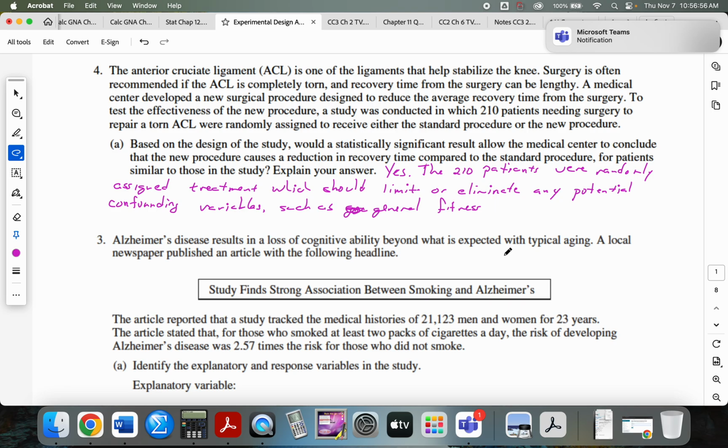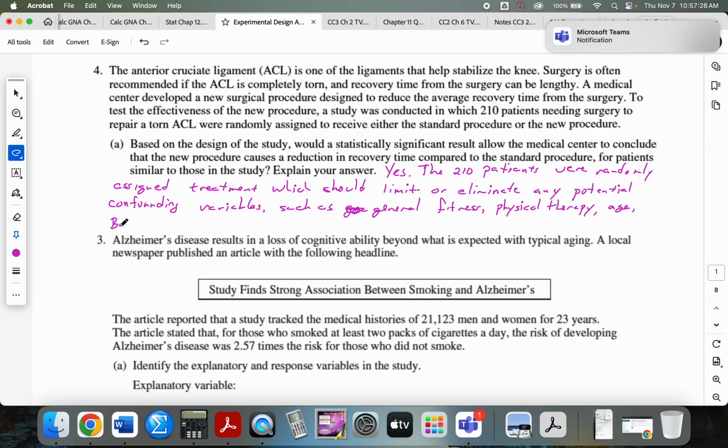Probably not. Physical therapy, the extent of their physical therapy. Okay. Think more generally. Age. Oh, yeah, right? Might have something to do with it. Could diet be one? It could be. It feels like a bit of a stretch.